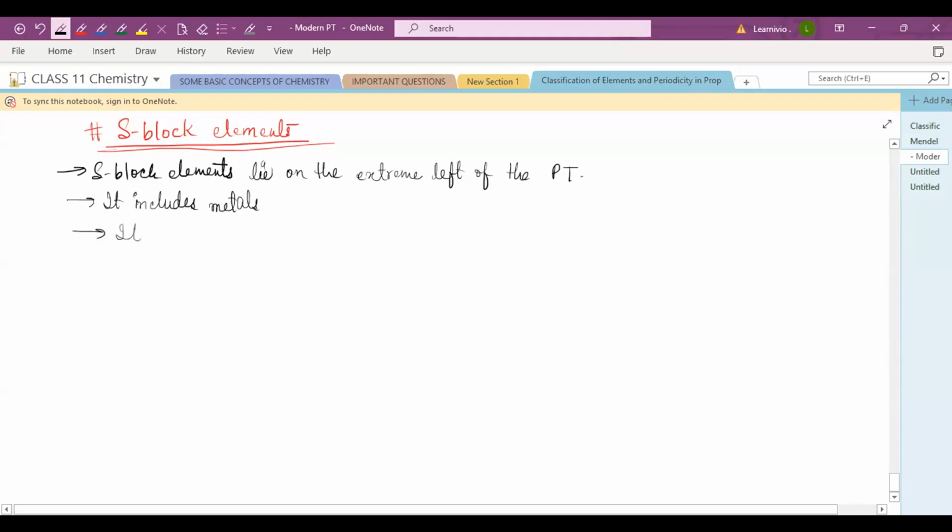It is composed of two groups, because just remember, the S subshell can have a maximum of 2 electrons, right?